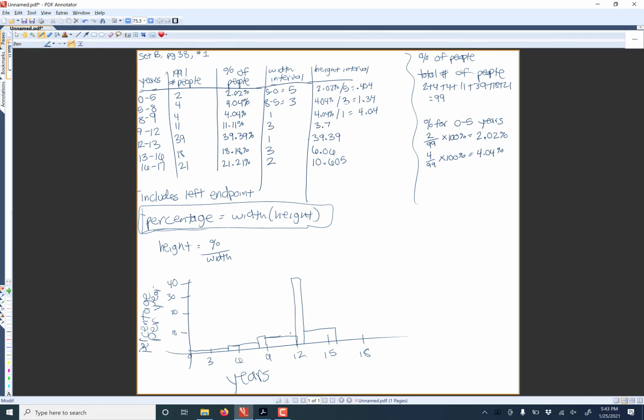And from 16 to 17 has a height of 10. Sorry, I know that's not really to scale. It was kind of hard to do on the screen I'm using.